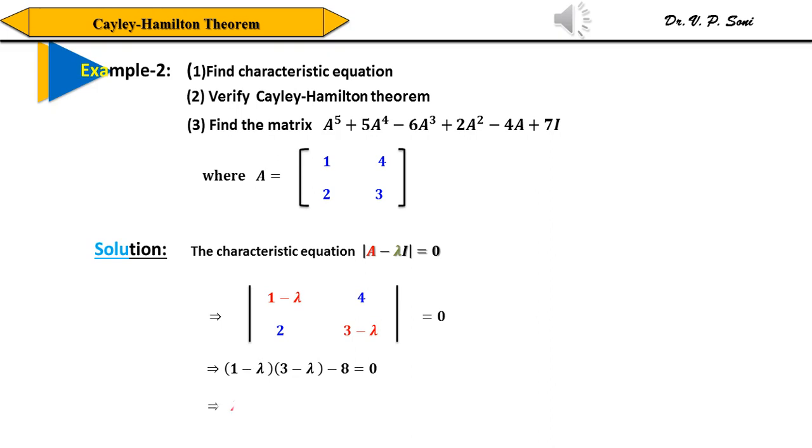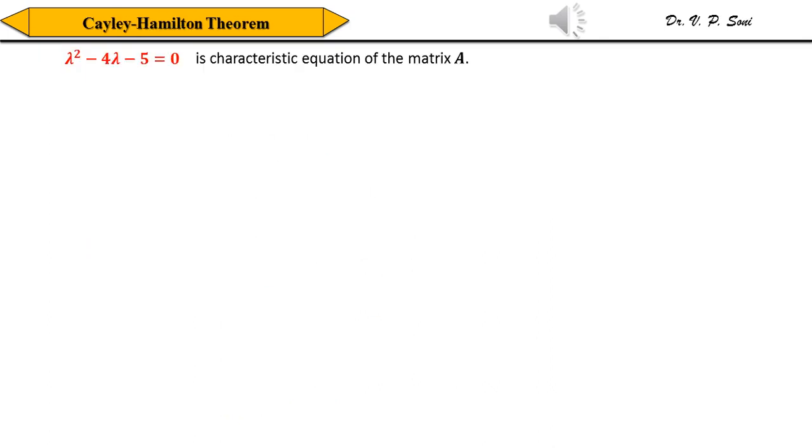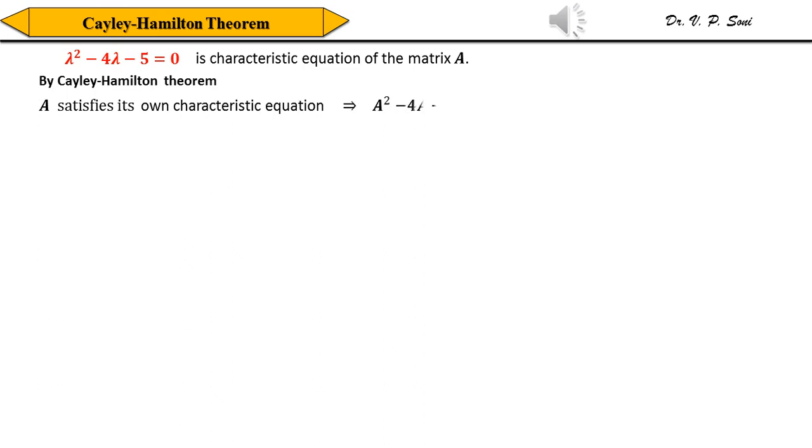This implies lambda square minus 4 lambda minus 5 equals 0, which is the characteristic equation of the matrix A. By the Cayley-Hamilton theorem, A satisfies its own characteristic equation. This implies A square minus 4A minus 5I equals 0.